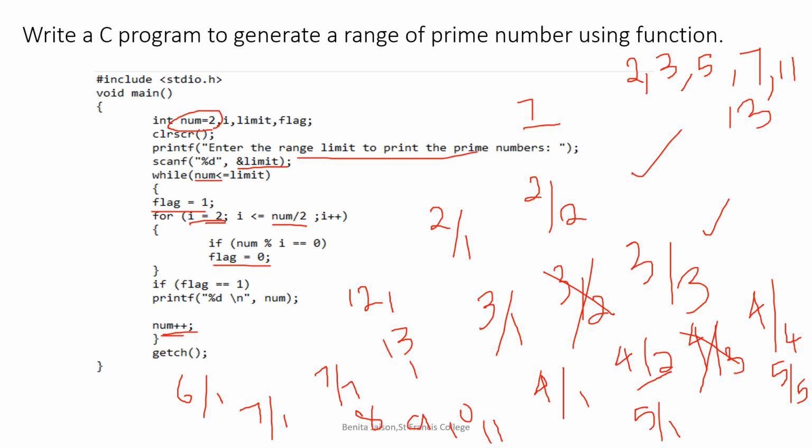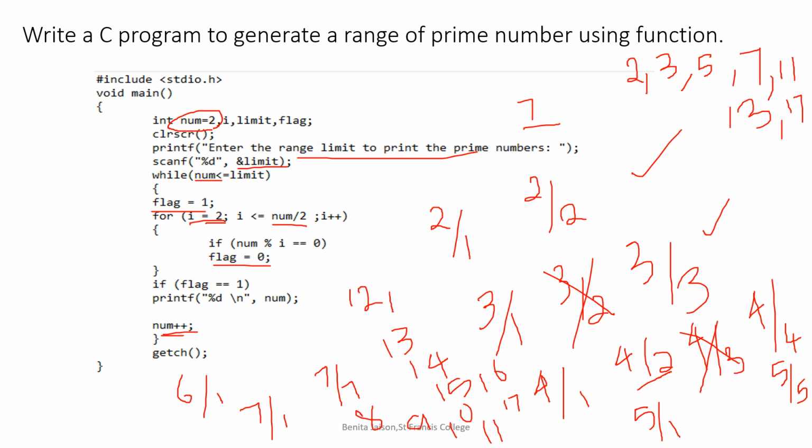Then 14 is divisible by 1, 2 and 7, so it is not prime. Then 15 is divisible by 1, 3, 5. 16 is also divisible, so we will take 17. 17 is divisible only by 1 and by itself. So we got the 7 numbers which are prime.